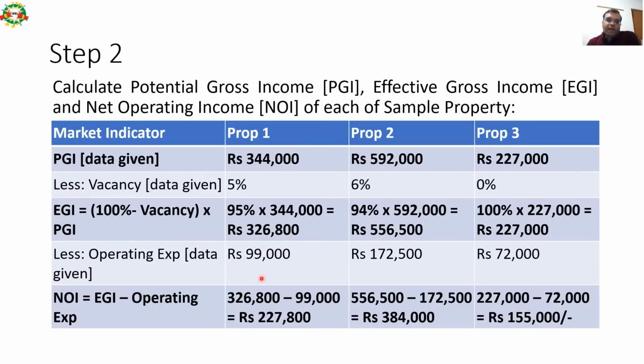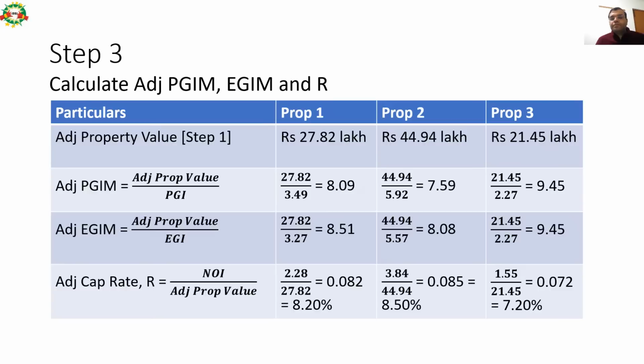If we deduct operating expenses from EGI, we will get NOI, net operating income. So 3.26 minus 99,000 is 2.27 or 28 lakh rupees of net operating income from property 1, 3.84 lakhs of NOI from property number 2, and 1.15 lakh of NOI from property number 3.